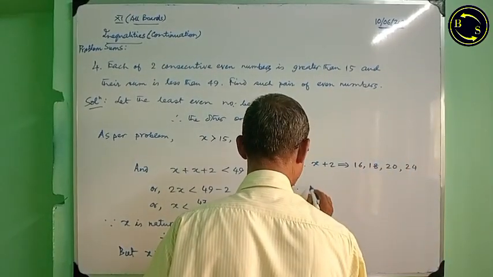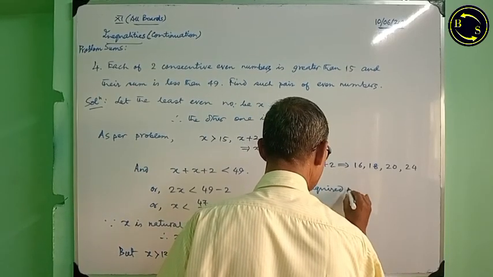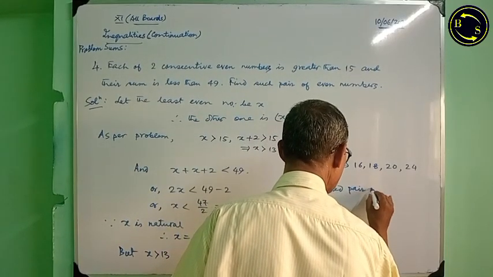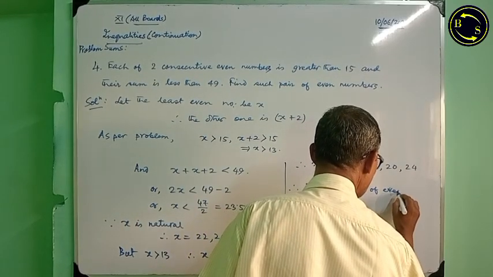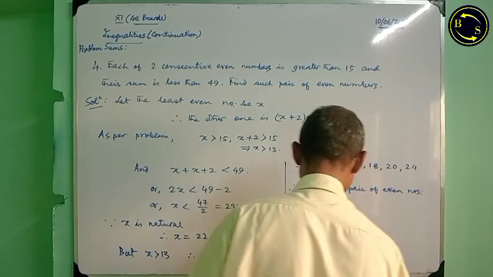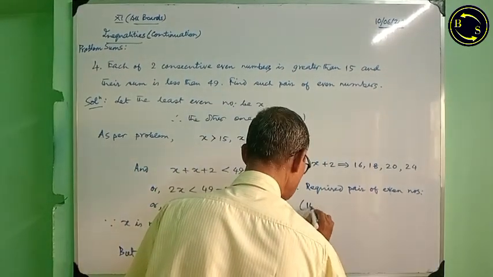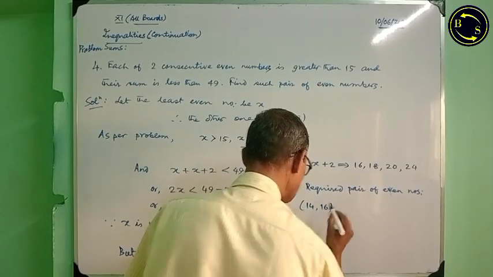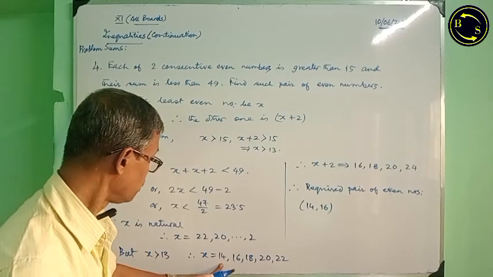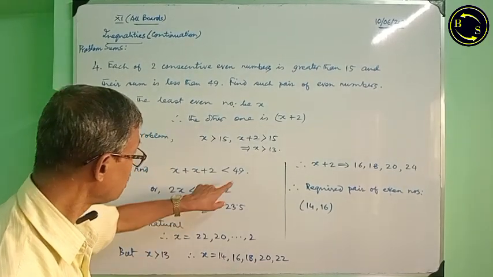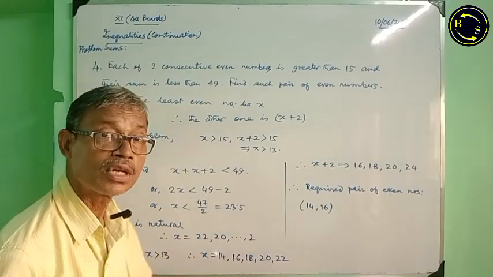Therefore, required pair of even numbers 14, 16. We have to keep in mind that sum is less than 49. If we take 14 and 16, sum is 30.